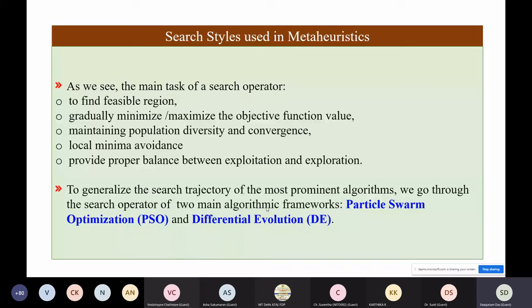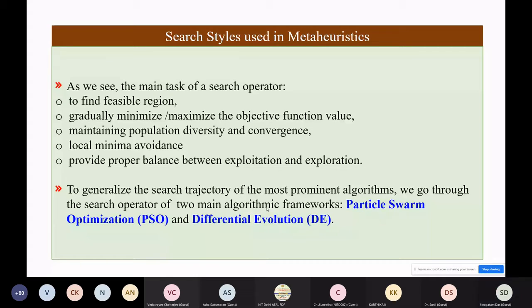When it comes to genetic algorithms, the mutation mechanisms for real-coded GAs, there are various mutations which are actually used to perturb the solution.